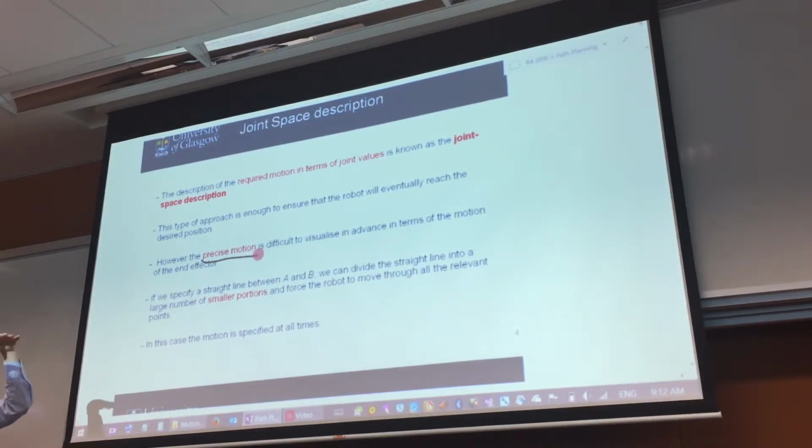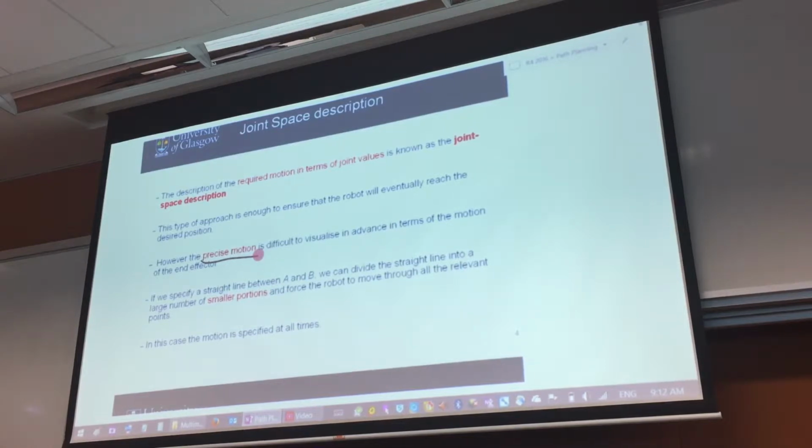So your joint space description is harder to visualize, although computationally it's easier to compute where is the position that the motor needs to rotate to. So this is one of the disadvantages.